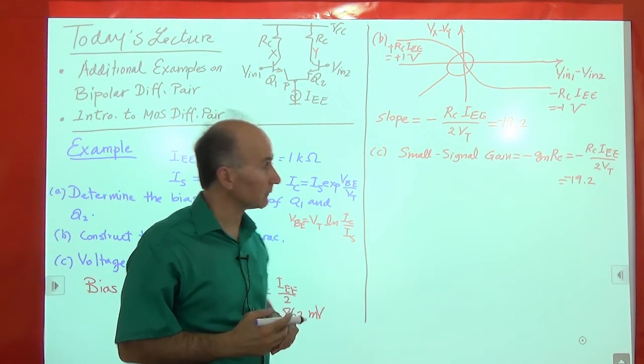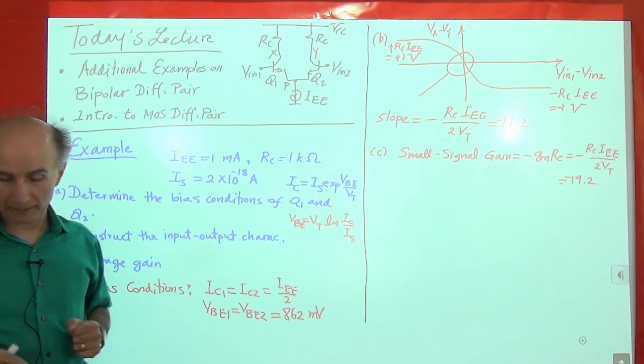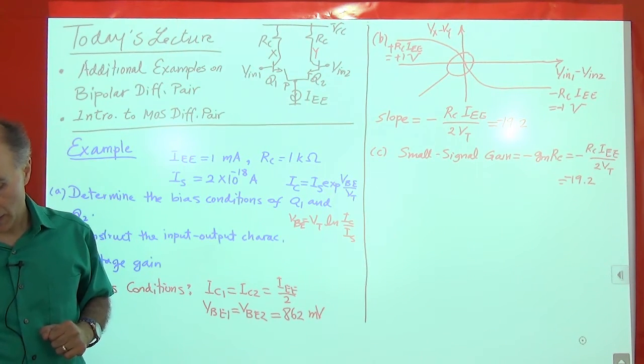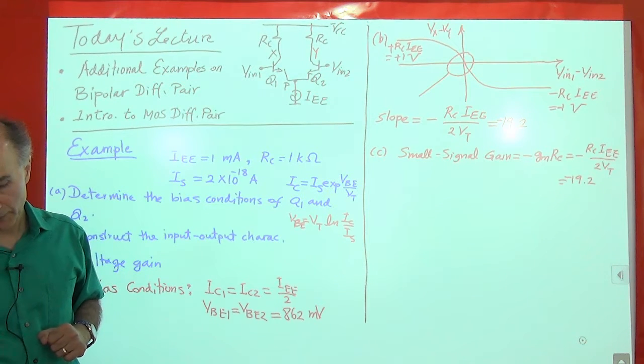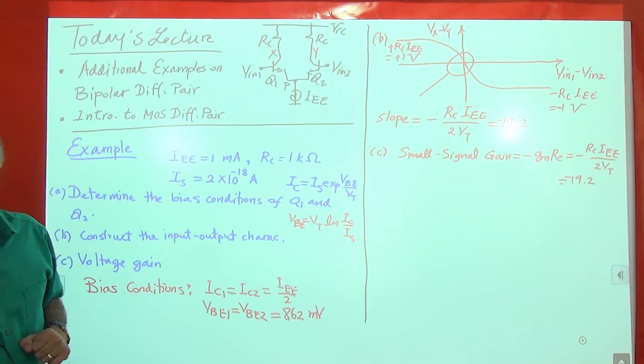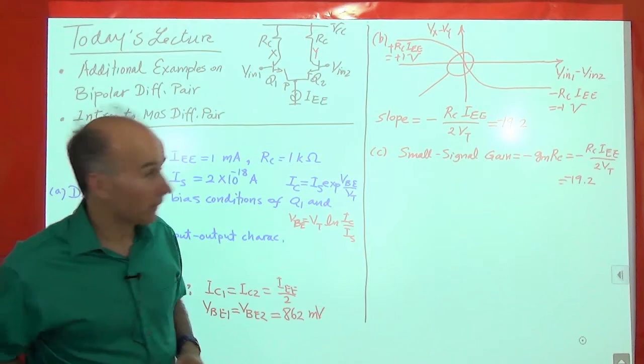Okay. All right, so that's a very simple example just to get started with these things. Let's see if there's anything else that we need to talk about here. Okay, let's go forward and look at this example.